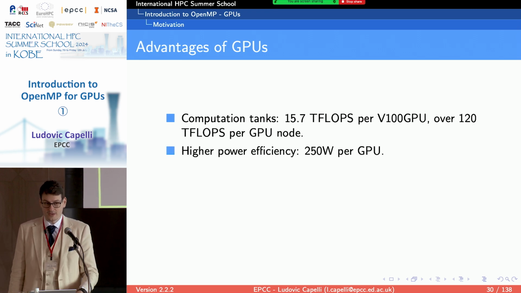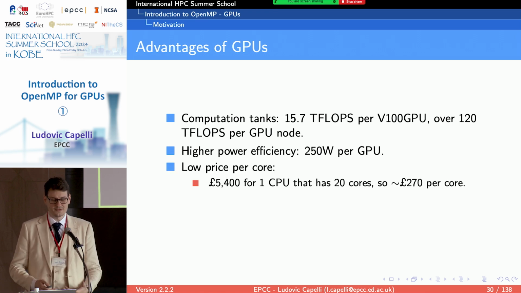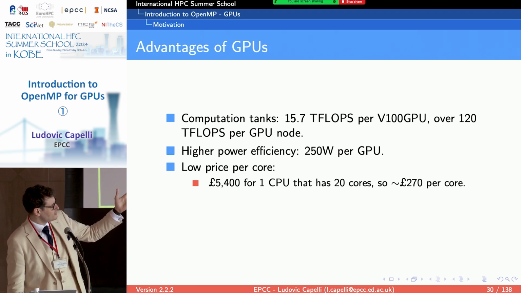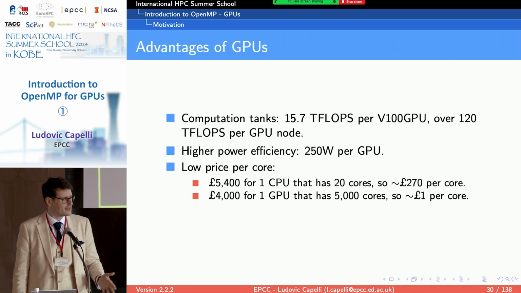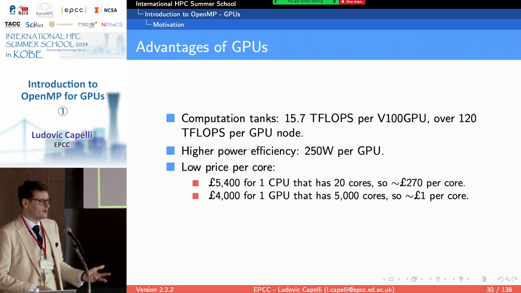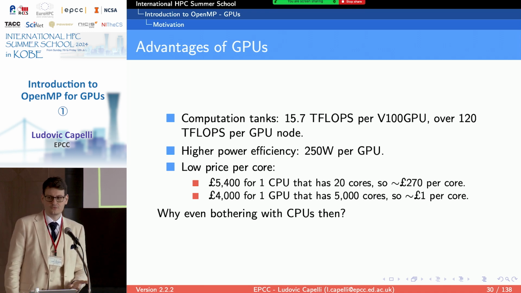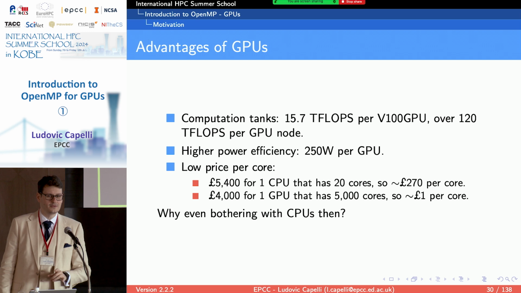They're more power efficient, and if we do a calculation on a per core basis of the price, you see that between the CPU, where it comes roughly to £270 per core, to a GPU, which is £1 per core, it's like, okay, so it's more powerful, more power efficient, cheaper. Why do we even bother using CPUs ever again? You gave us an introduction to OpenMP for CPUs yesterday, but after this, I'll never use CPUs again. You may want to reconsider this.